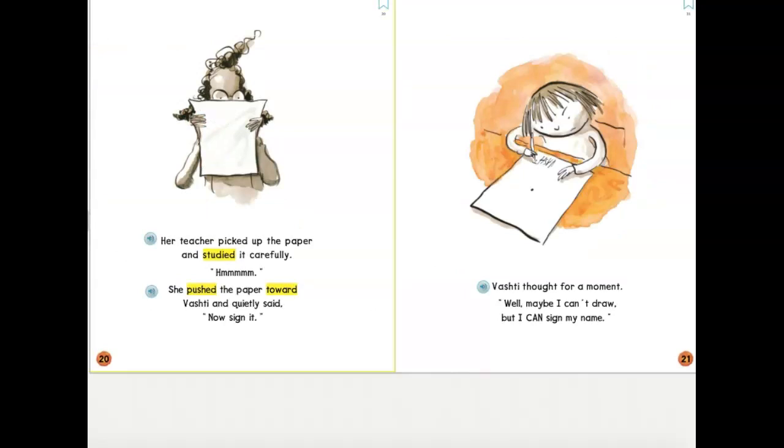Her teacher picked up the paper and studied it carefully. She pushed the paper toward Vashti and quietly said, "Now sign it." Why do you think the teacher wants Vashti to sign the paper that she made?